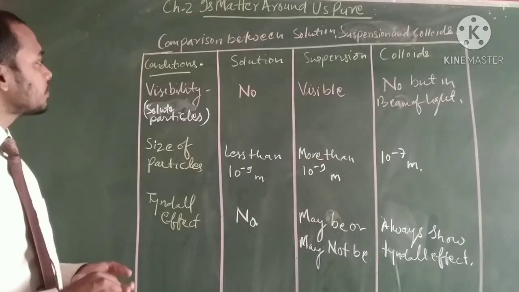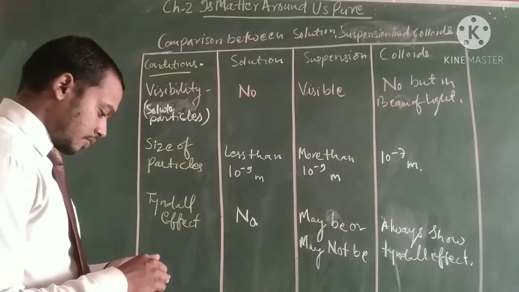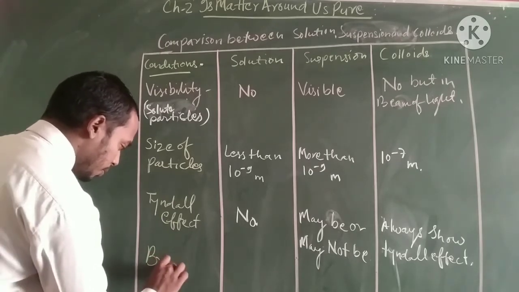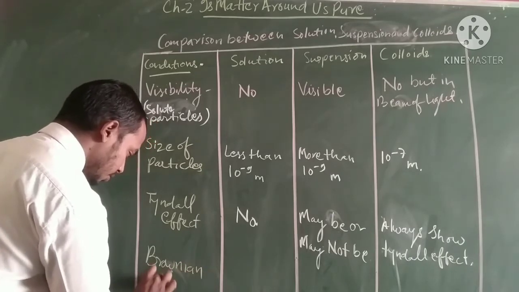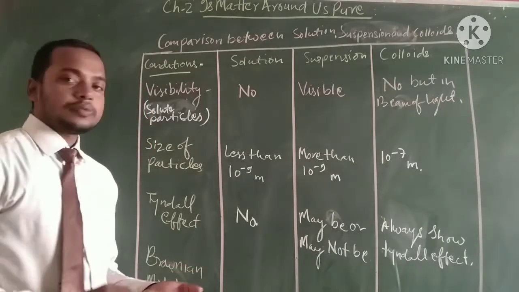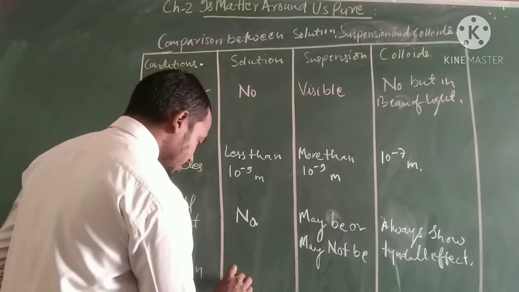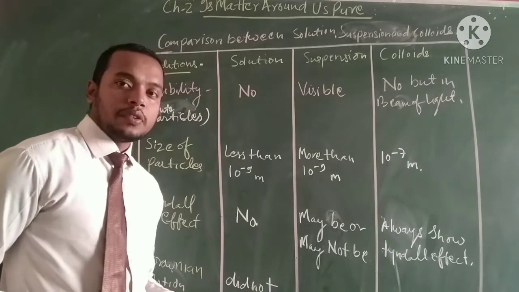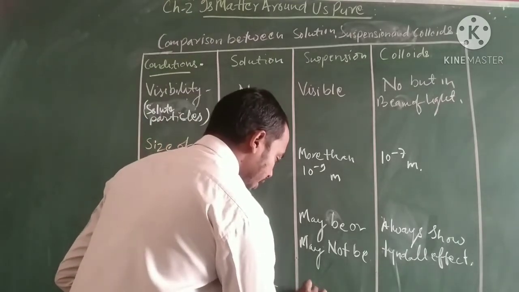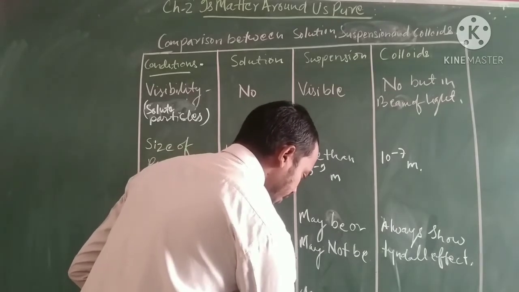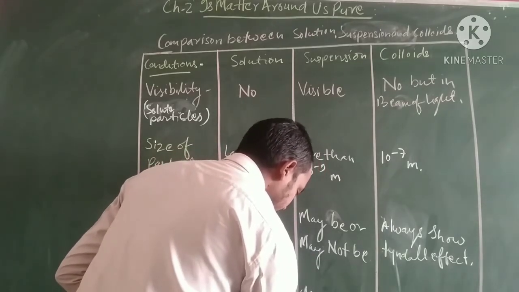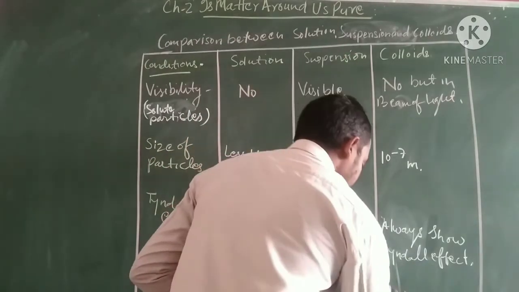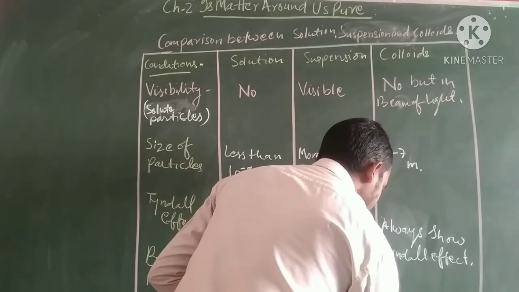Next property is Brownian motion. A solution does not show it. A suspension may or may not show it. Colloids always show Brownian motion.